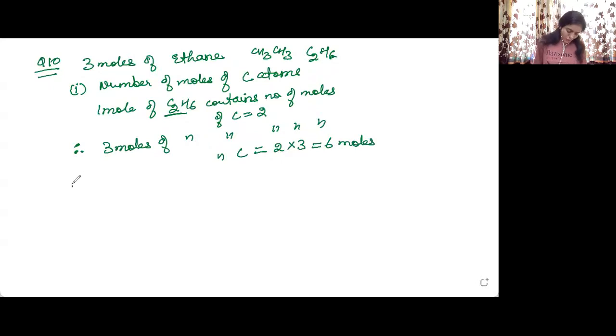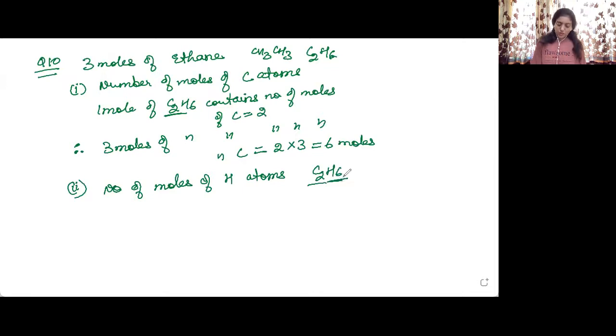Then the second part of this question is the number of moles of hydrogen atoms. Again, you just need to see the molecular formula of ethane and find out the number of moles of hydrogen atoms in 1 mole of ethane, and you will be able to find it for 3 moles.